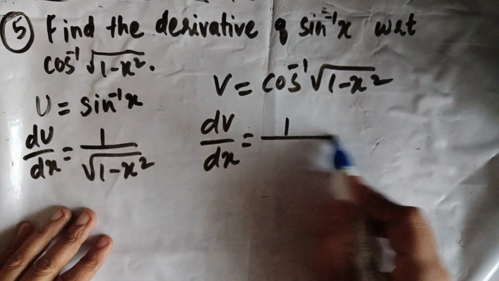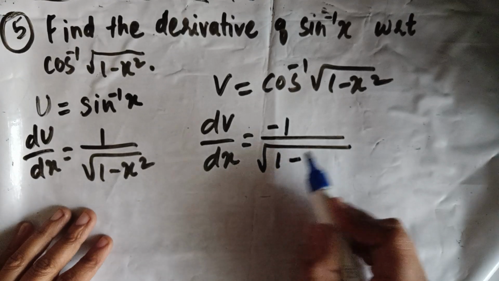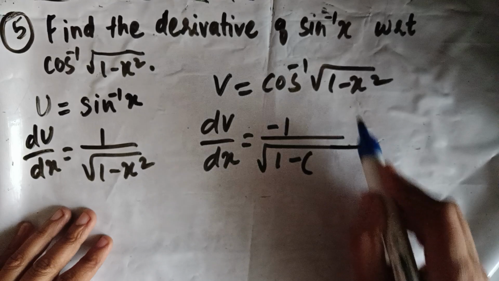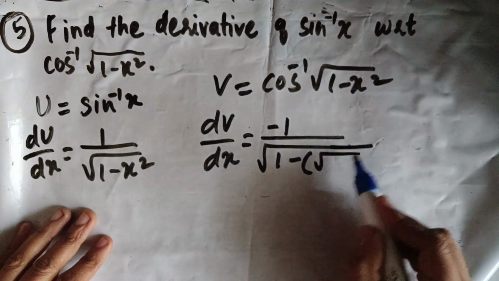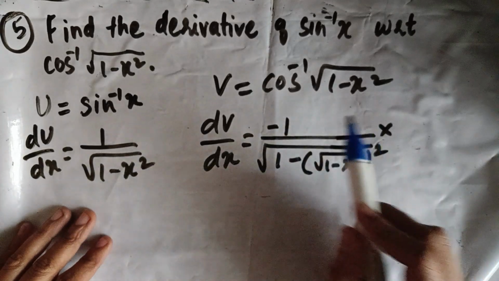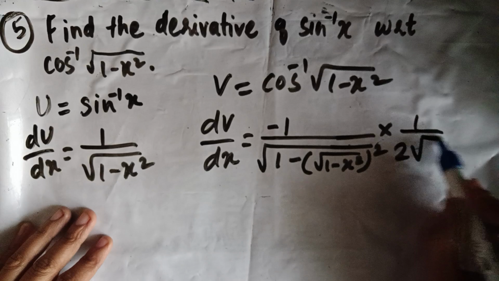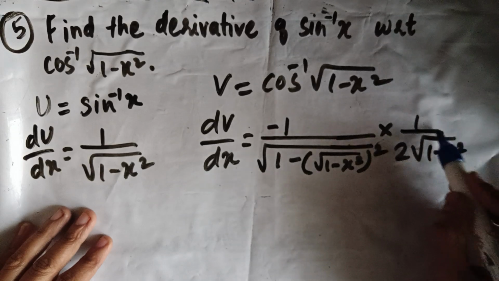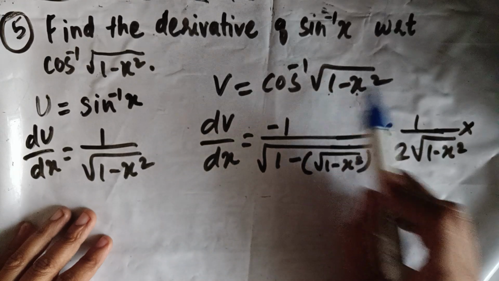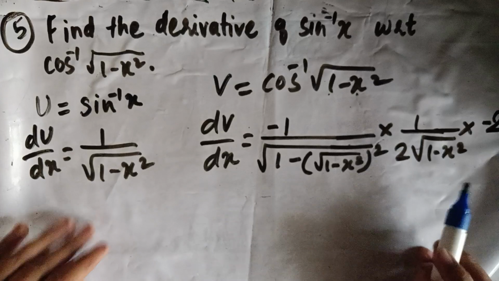So it will be minus 1 upon root of 1 minus, you have to take this square. That is, this is our x now, right? Square into the derivative of this. This is 1 upon 2 root 1 minus x square into the derivative of 1 minus x square.